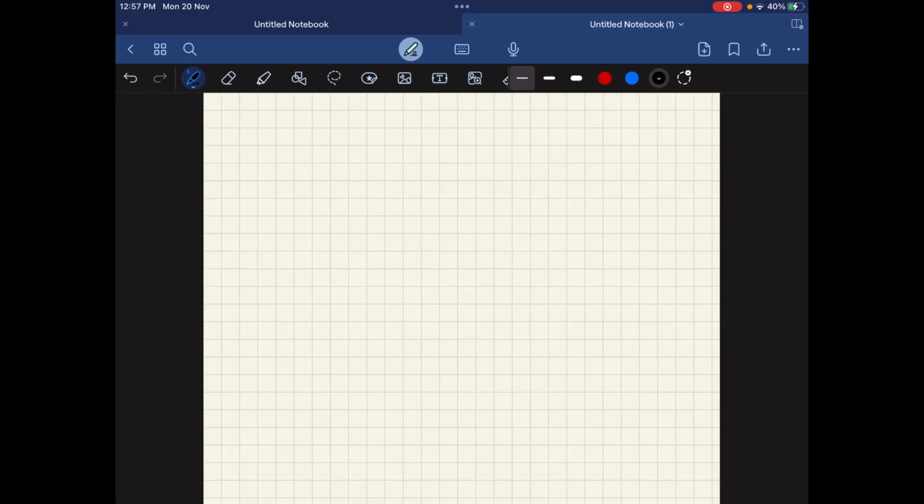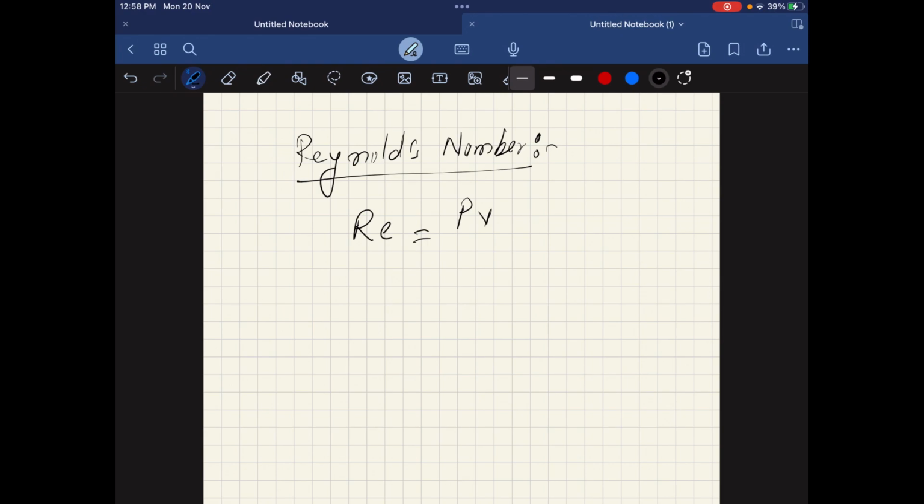Another important topic which can sometimes be asked in the exam is what is Reynolds number, and to remember it is also another formula which is related with the flow of the fluid, and it decides whether the fluid will be flowing streamlined or will be flowing in turbulent fashion.